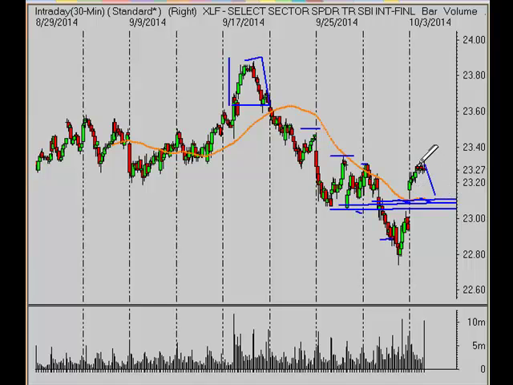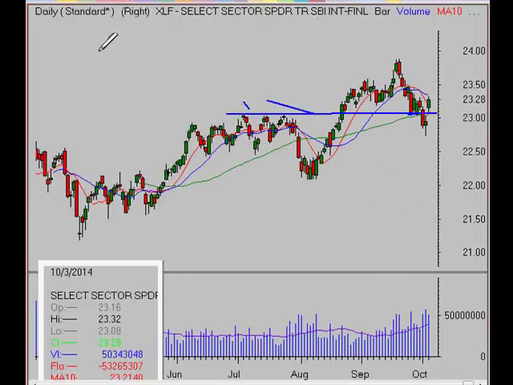If it can hold above that next week, pull back, pull down a little bit, and then break this level, then we've got what looks like a left shoulder, a head, and a right shoulder. I think these are a little more constructive, but I'd like to see the pullback hold above 23.05 and then buy some strength next week in the financials.